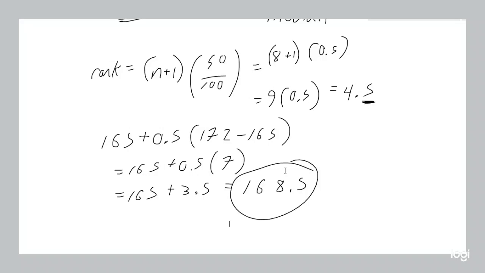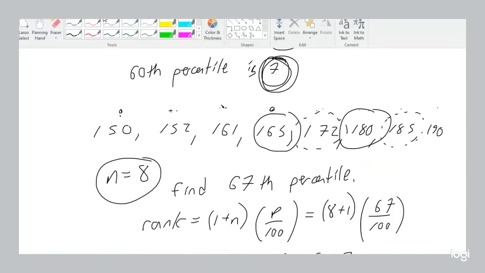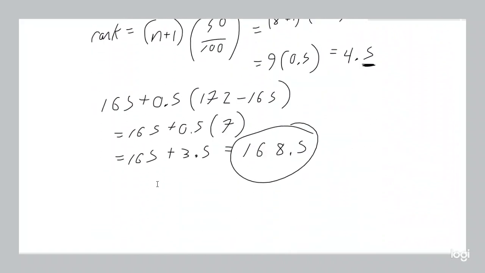If we were just asked to calculate the median of this data set, we would cancel out numbers in pairs, from smallest to largest, until we're left with either 1 or 2 at the end, and we're left with 2 at the end. And when you want to calculate the median and you have 2 numbers in the middle, you take the average of them. 165 plus 172 divided by 2.